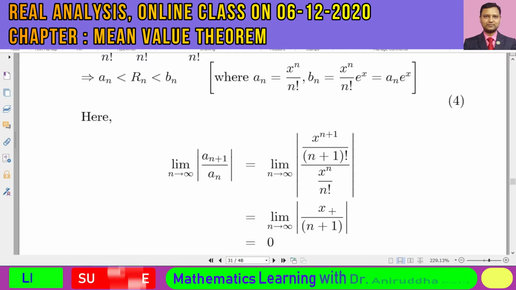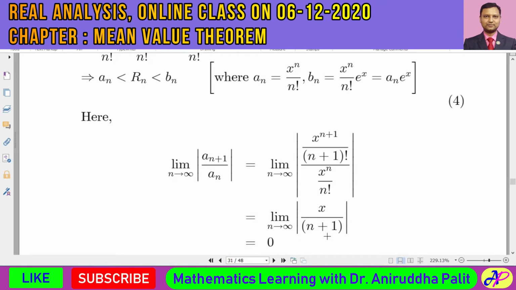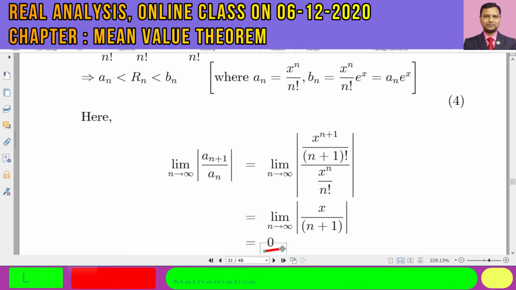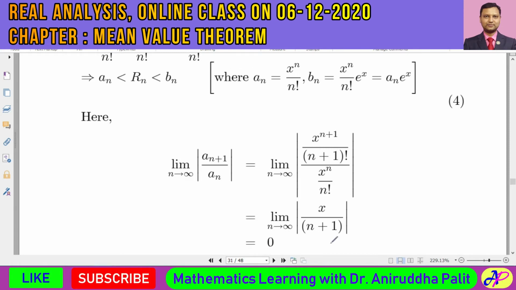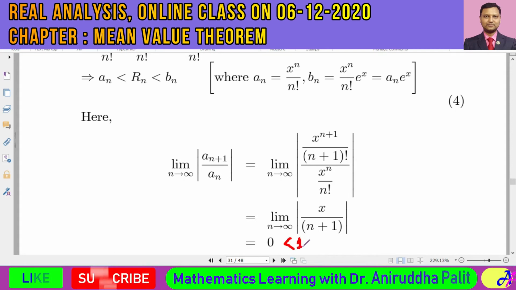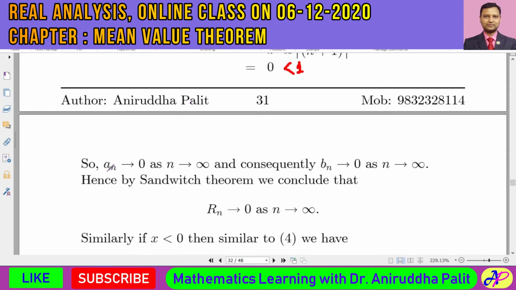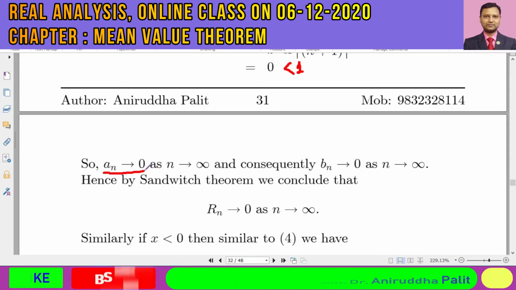A finite number divided by n plus 1, with the limit n tending to infinity, gives 0. Therefore, this quantity is less than 1, and we can conclude that an tends to 0.